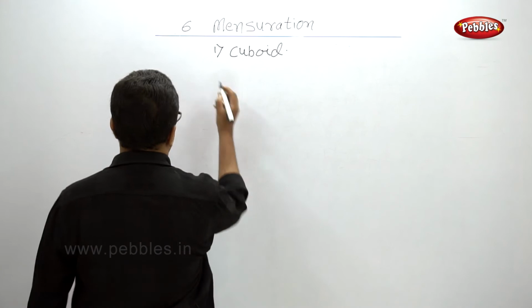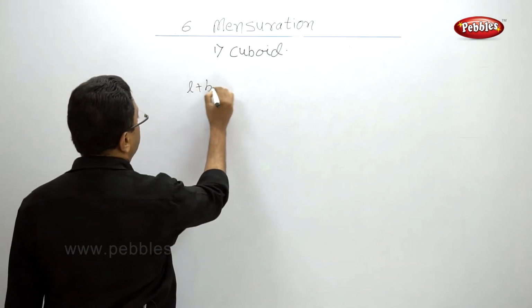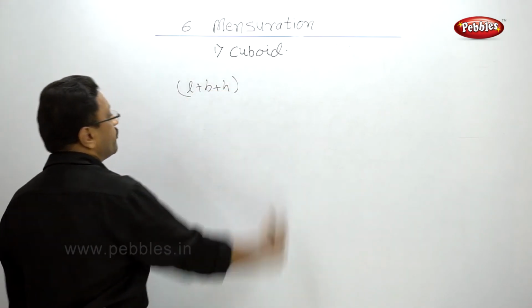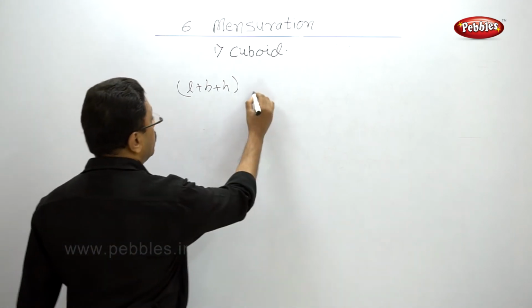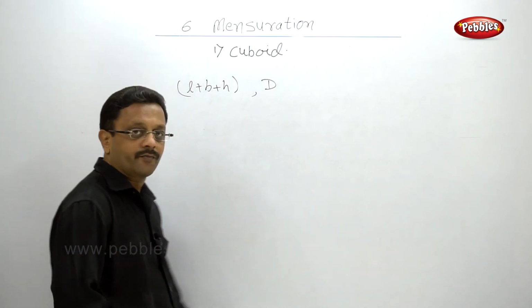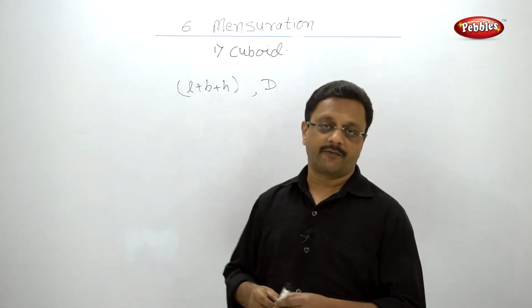Now, sometimes you will be given the sum of the dimensions, that means L plus B plus H is given, and also the diagonal is given, and you have to find the total surface area.